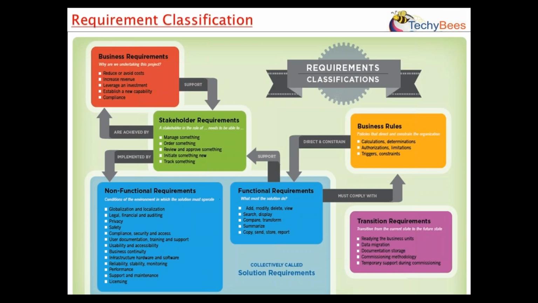User documentation, training and support needs. Usability and accessibility, I just told you. Business continuity plan: if the software is deployed in the northern region and there is a natural calamity, employees cannot go to work. Of course, the business continuity plan should extend to the southern region, where employees can go to work and get things done.